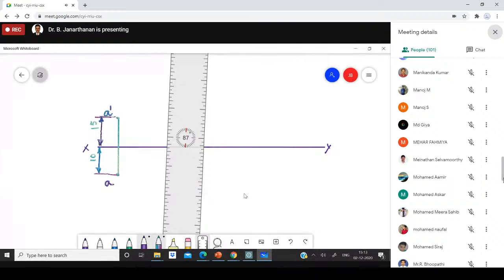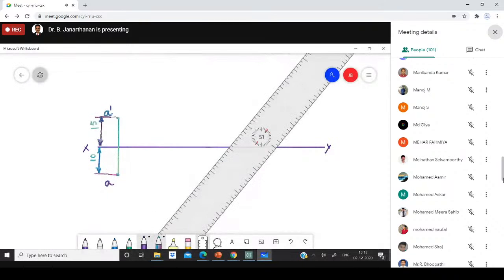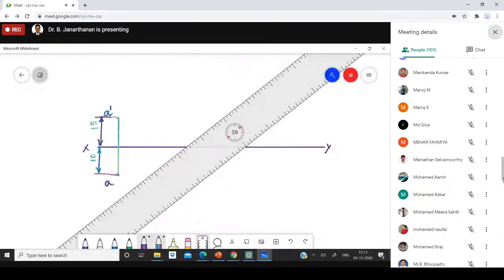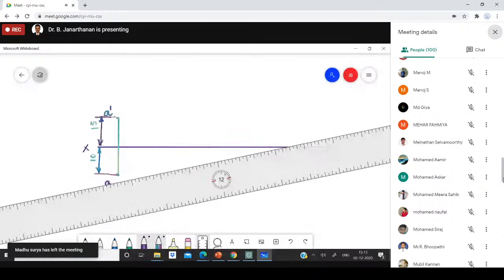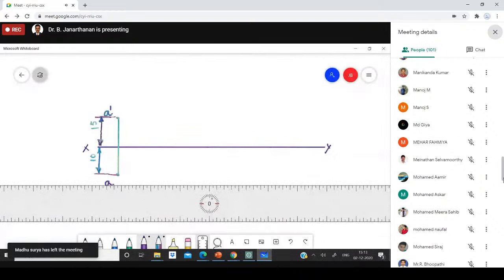Here you can use only the scale and the protractor, which is inbuilt with the scale. But if you want to draw arcs or circles, except for a few shapes available here, you cannot use it effectively. So I thought this may not be useful.